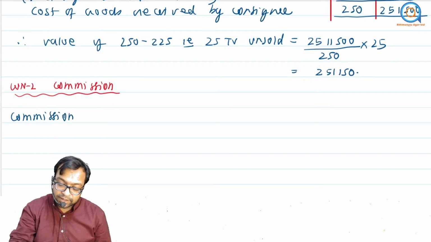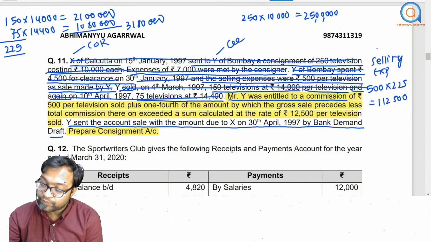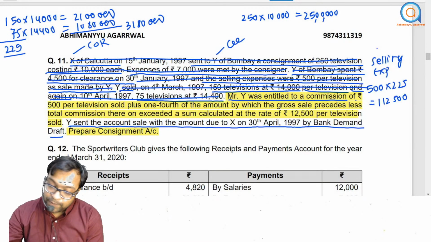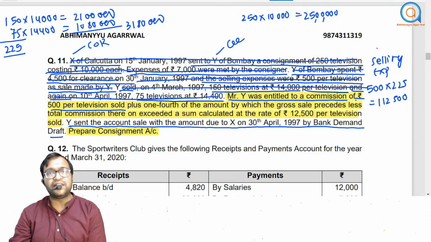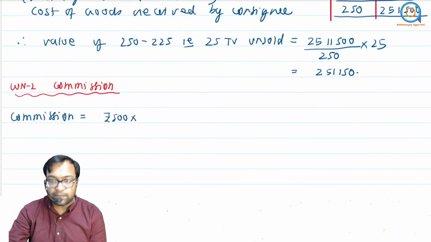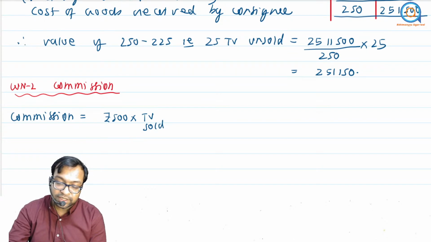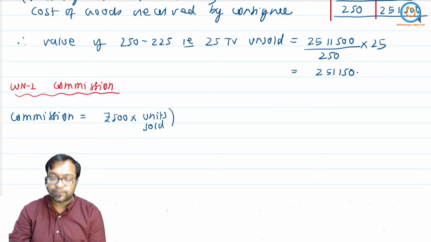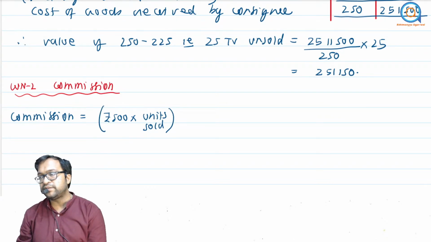Commission is equals to how much? Rupees 500 per television sold. So commission is rupees 500 per television sold means multiplied by television sold, the unit sold. If you don't like the word television, you can write 500 into unit sold. Up to this much is fine.